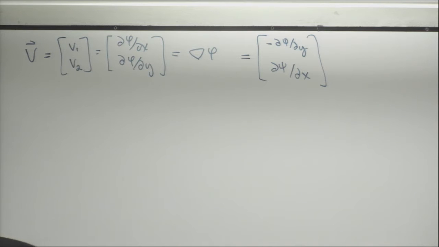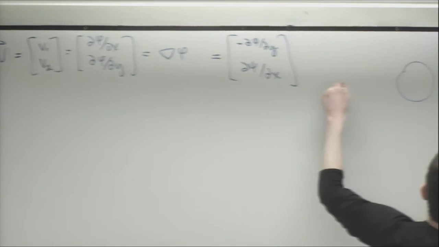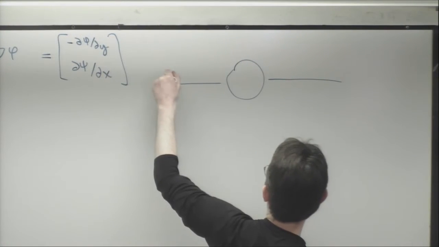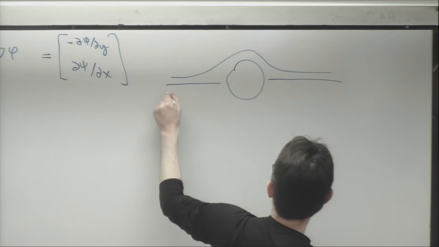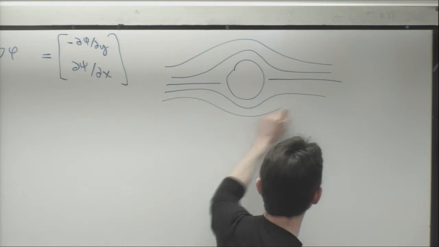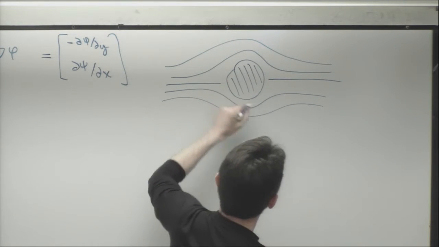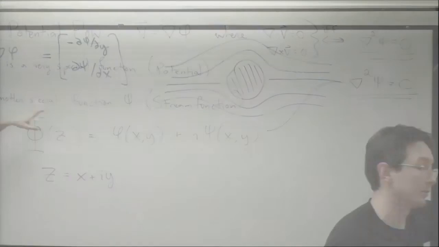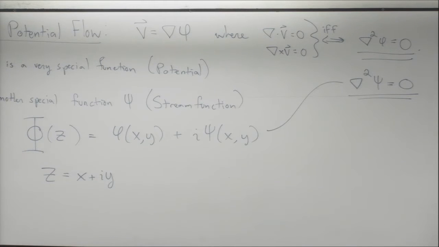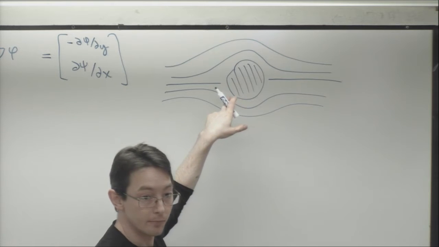So a lot of really common cases. For example, if I wanted to know what the streamlines were of some very slow flow past a solid cylinder, I could pick some special potential function that satisfied the boundary conditions, that the flow had to be 0 on the boundary.